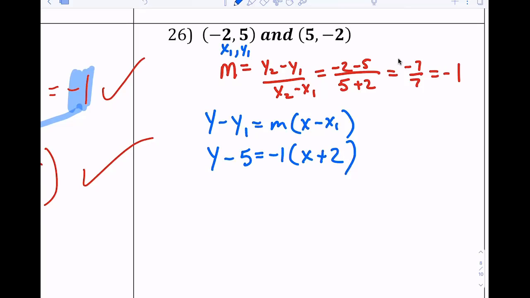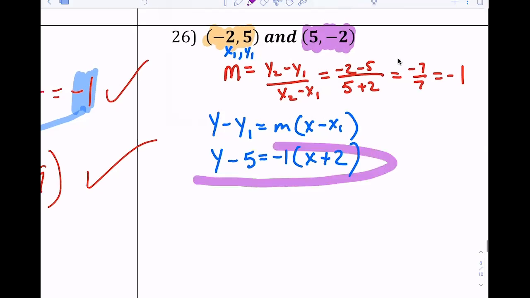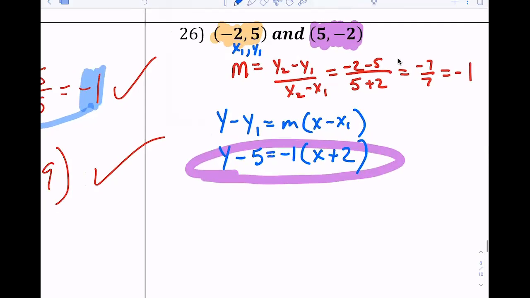Now, let's say we didn't use this point, but for some reason we decided to use this other point. You have an option. You could have chosen this as your answer, or you can say y plus 2 equals negative 1 times x minus 5.